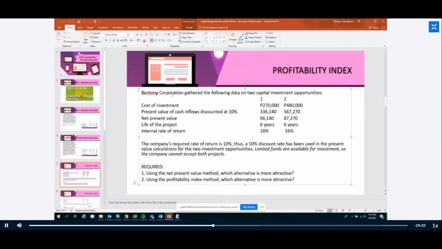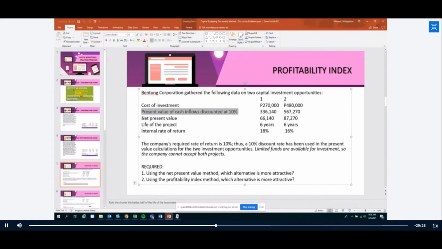So, Bentong Corporation gathered the following data on 2 capital investment opportunities. So, may dalawang project, Project 1 and Project 2. Given yung cost of investment, so 270,000 for Project 1 and 480,000 for Project 2. Provided na rin yung present value of cash inflows, discounted at 10%.